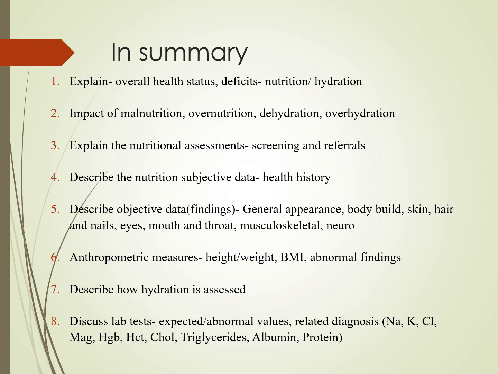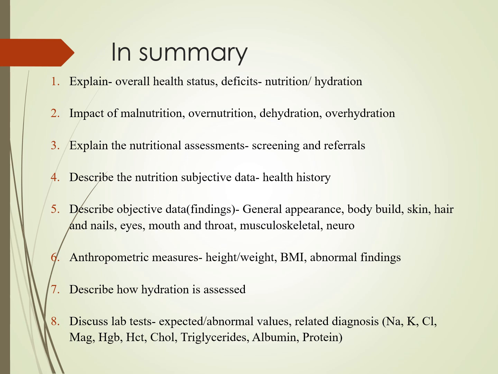So in summary, overall health status, your nutrition and hydration deficits: malnutrition, overnutrition, dehydration, overhydration. You're going to want to know the impact of all of those and some of the findings that you would see with those. Know your nutritional assessments, the screenings, etc. Some of the things we're looking for in our health history and objective data findings.